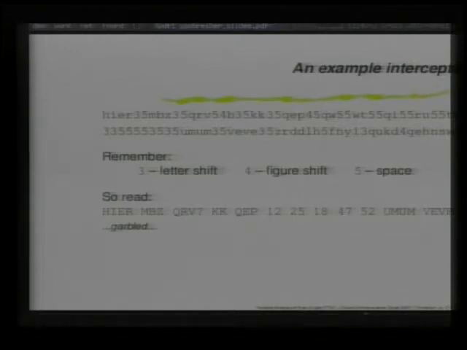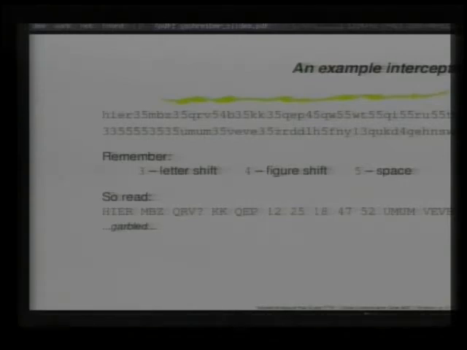Sometimes the line noise would cause the machine to erroneously switch into figure shift, and you wouldn't be able to read anything. This habit kind of suppressed that. You would be sure that you're again in letter shift for every new word.